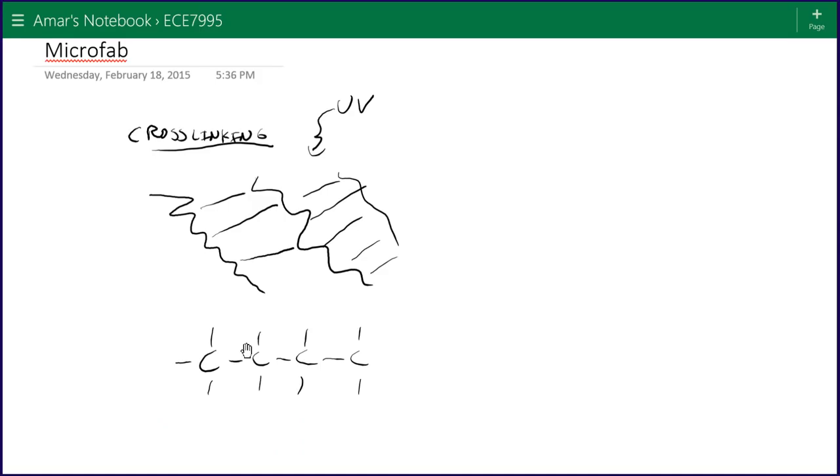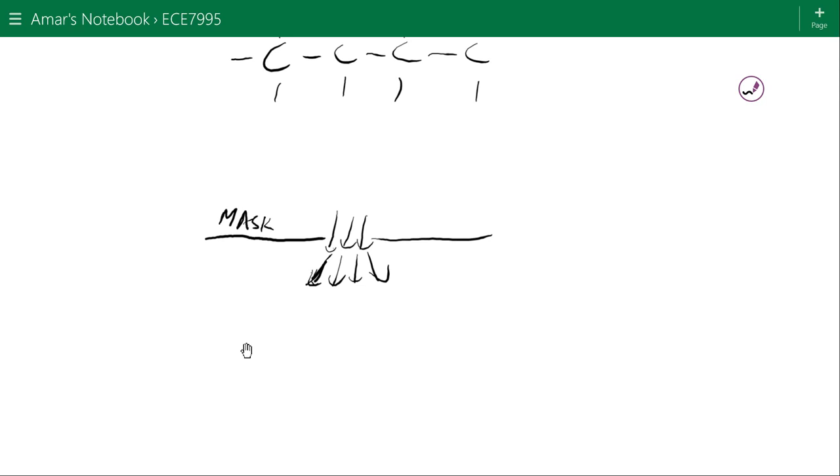One thing that happens with some types of photoresists is that, let's say your mask looks like this, and your photoresist is sitting underneath here. When the light goes through this mask, it actually starts to spread out a little bit. So this is your mask, and this is your photoresist sitting right underneath there, and this is your substrate.